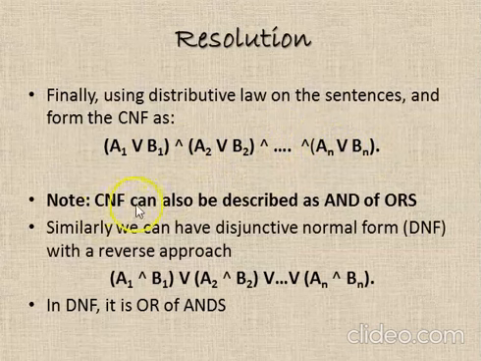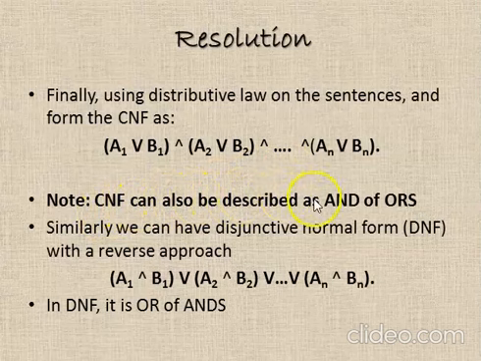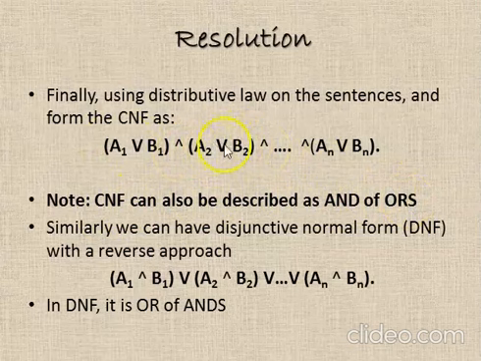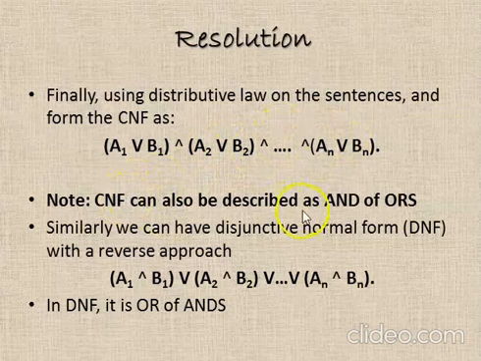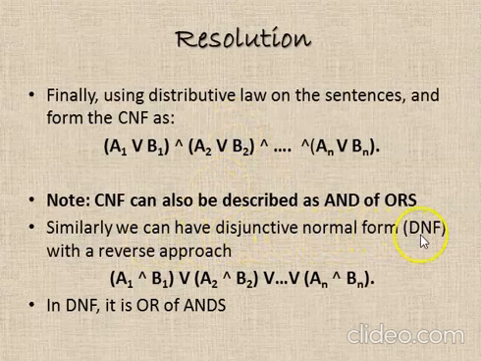So CNF can also be described as AND of ORs. We have so many ANDs of, these are all OR statements. It can be considered as AND of ORs. Similarly, this is conjunctive, we can have disjunctive normal form or DNF, which is a reverse process.